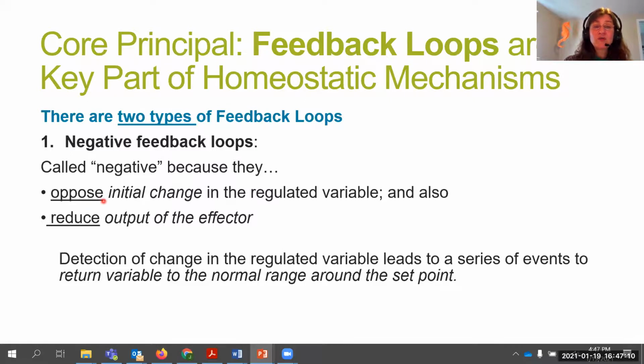It opposes the initial change of the variable. So the stimulus, like it was really cold outside. So what does your feedback loop do? It says shiver, make heat. It's cold, let's make some heat. Let's go opposite of what it was. If you're too hot, then make sweat and evaporate, cool.